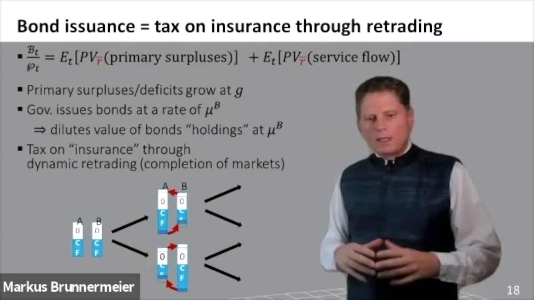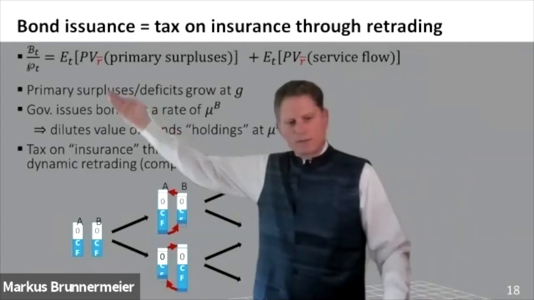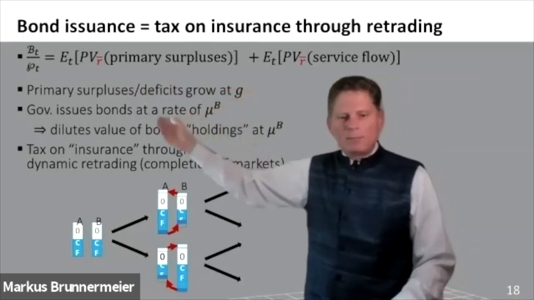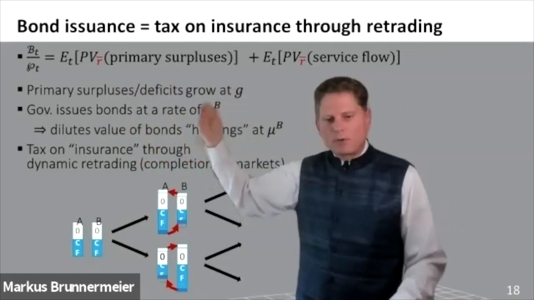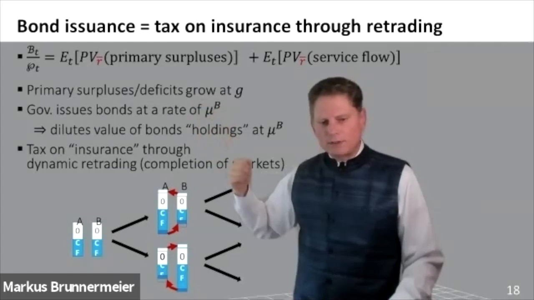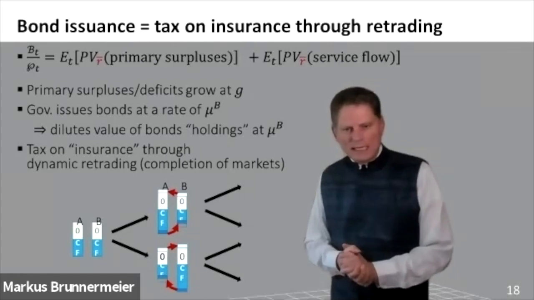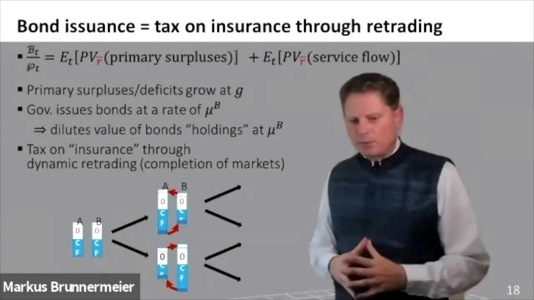So the primary deficits, let's say, grow at the rate of g. But the government might issue bonds at the rate of mu B. That's the growth rate of the government bond issuance, given the deficits, and this dilutes the value of the bonds.